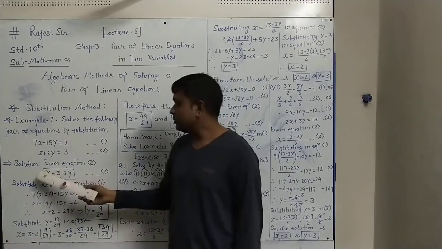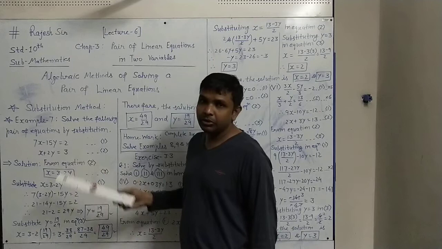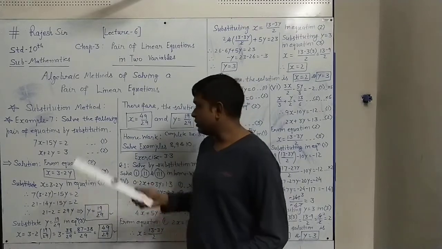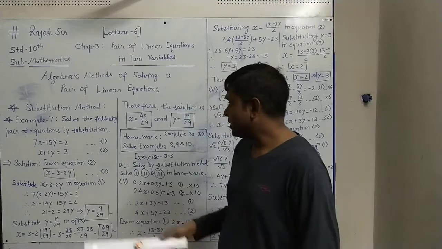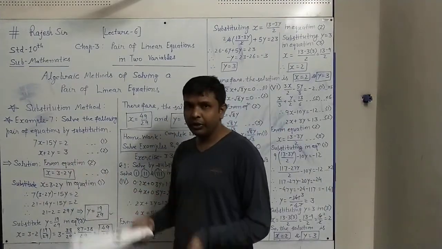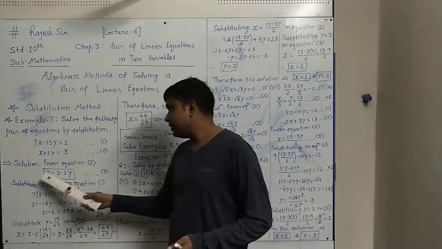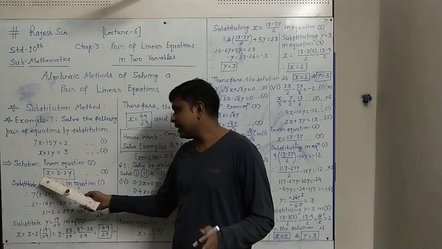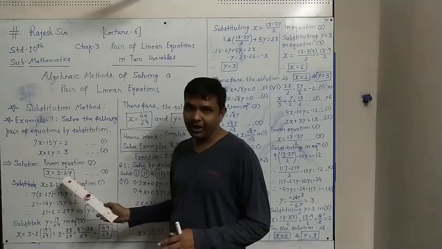Now in the solution, from any two given equations like 1 and 2, you can select any one first. I have taken equation number 2; you can take equation number 1 also. What we have to do is make one variable stand on one side, like x, and represent it in the form of y.